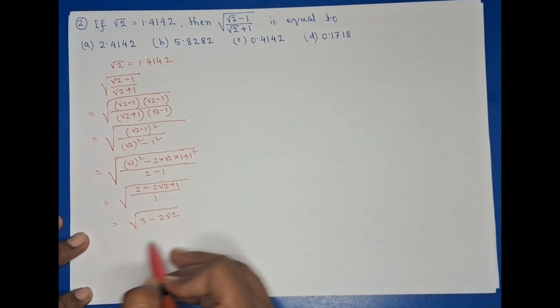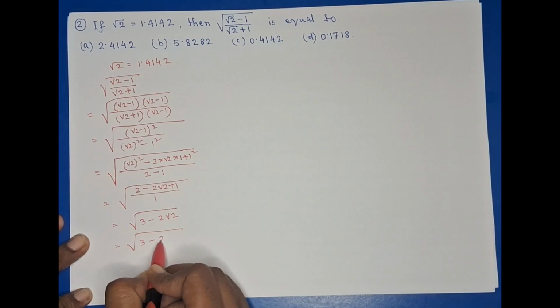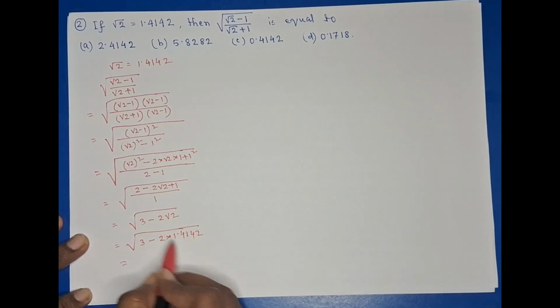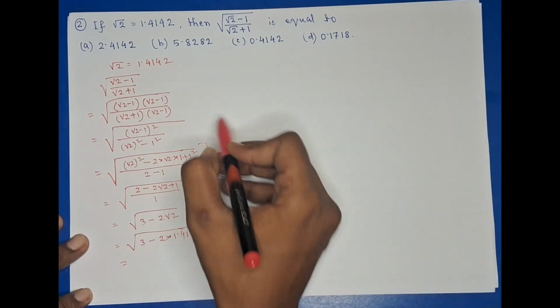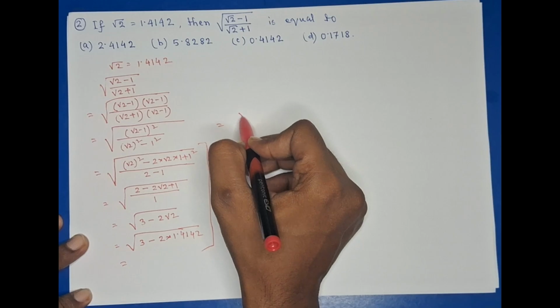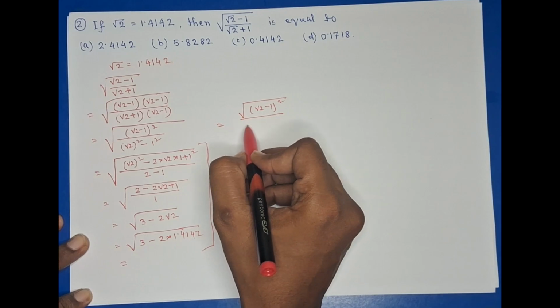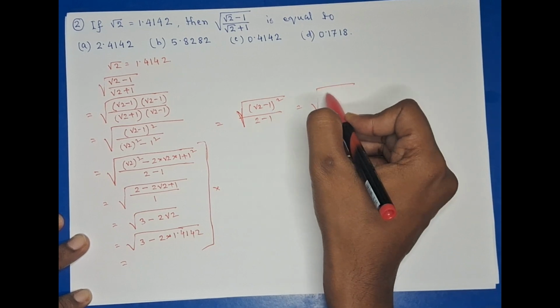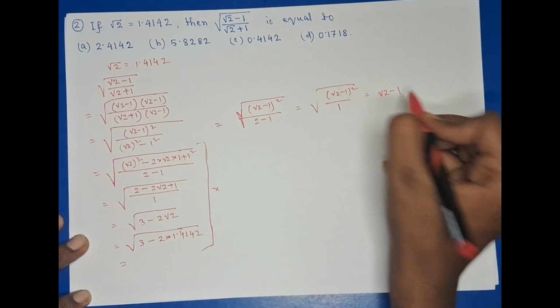But instead of doing it like that, this is also irrational. So if I put the value of 3 minus 2 into 1.4142, it will be difficult to solve. So instead of doing this, this is (root 2 minus 1) square by (2 minus 1), that is (root 2 minus 1) square by 1, which is equal to root 2 minus 1.